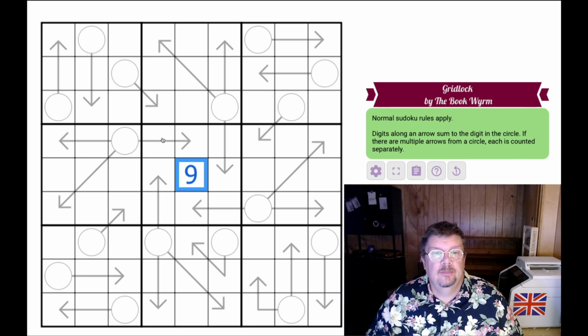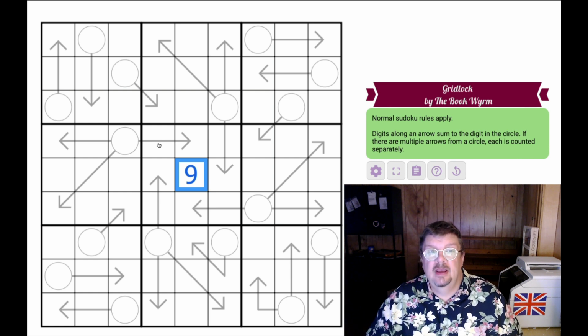What next? Let's talk about the secret. Because every row, column and box contains the digits 1 to 9, the sum of all of the digits in that unit is 45, because that's what the digits 1 to 9 add up to.